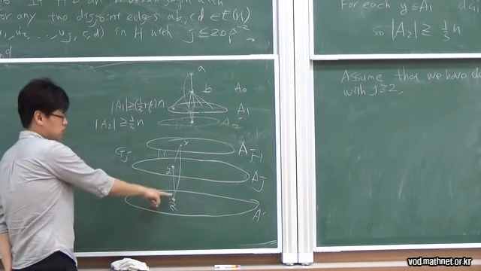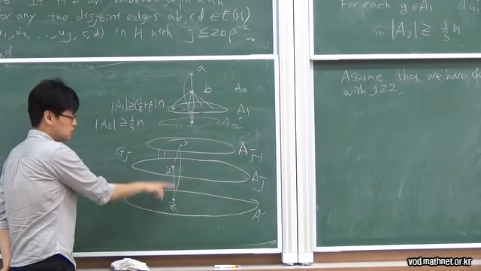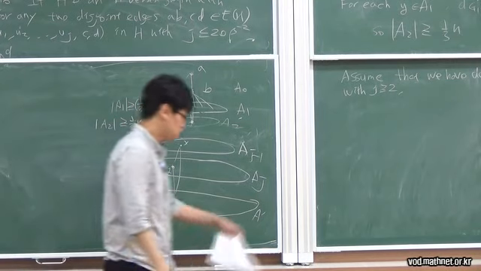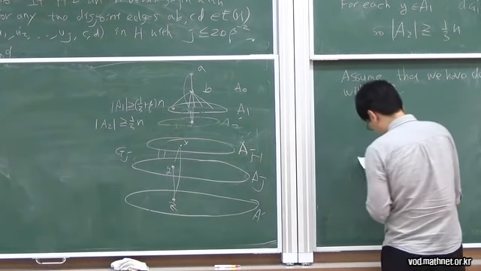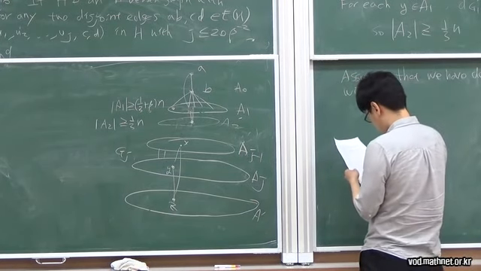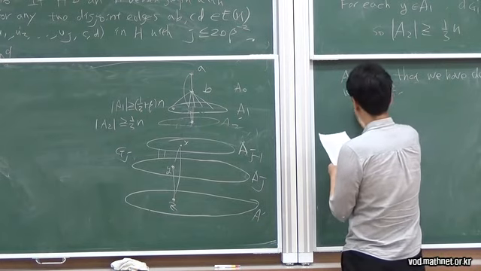So to encode this information for fixed Y, whether there are many choices, we consider this graph.